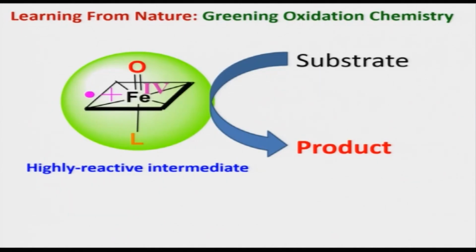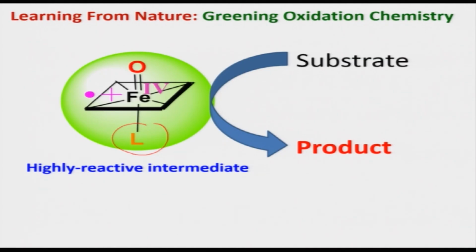Now, we can learn a lot of things from nature. So, as you have seen, in the case of catalase, peroxidase and chloroperoxidase, the reactive intermediate like compound 1 is this iron 4 oxo cation radical. The only difference was this axial ligand L. And this is being formed using hydrogen peroxide.